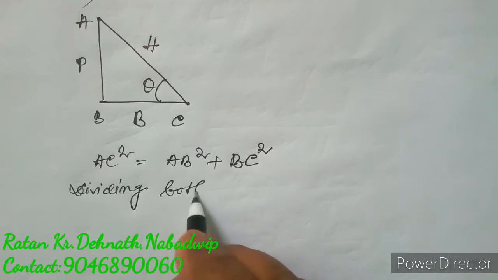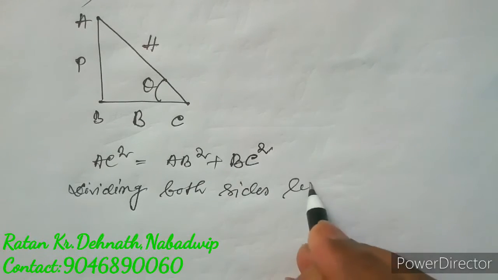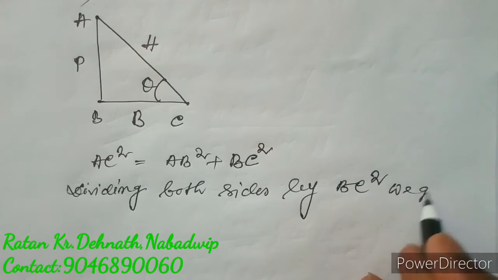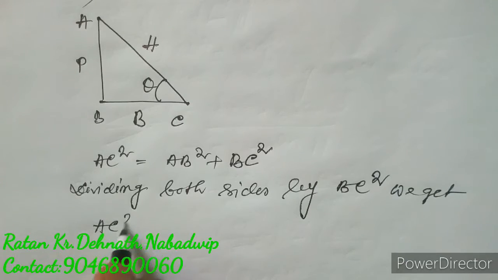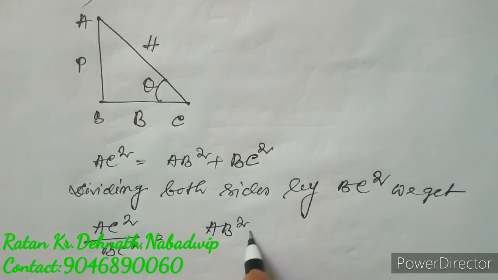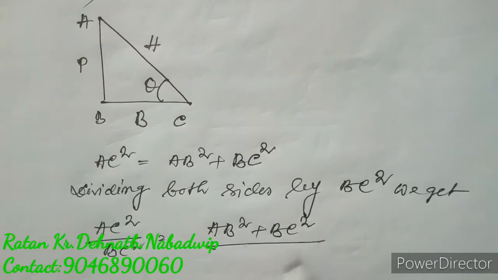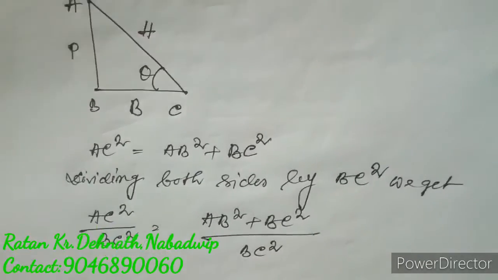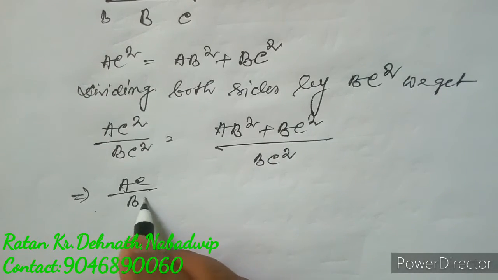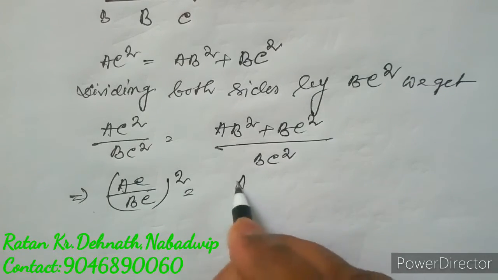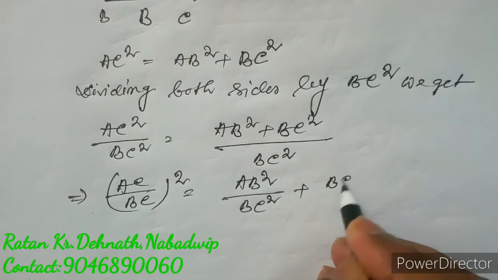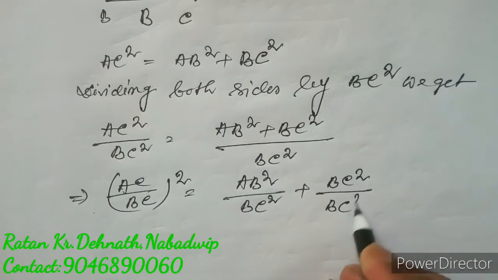So dividing both sides by BC square, we get AC square by BC square equals AB square plus BC square by BC square, which implies AC by BC whole square, AB square by BC square plus BC square by BC square.